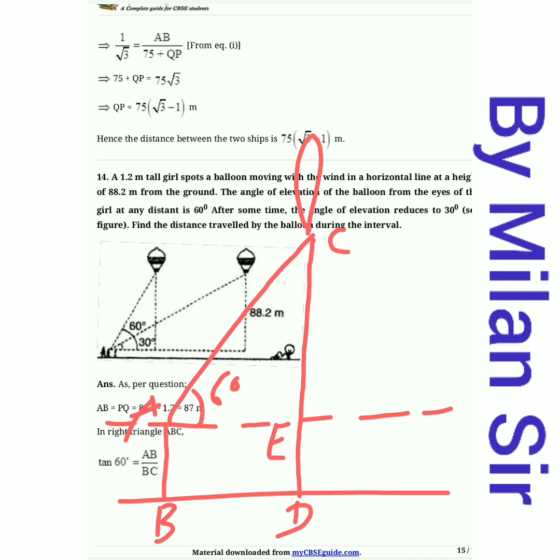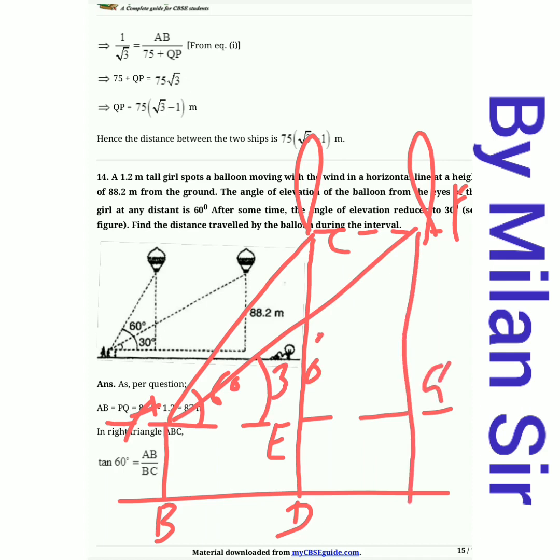Okay, after some time, the angle of elevation reduced to 30 degrees. Angle of elevation reduced, that means the balloon traveled in the direction opposite to the girl, right? And also it is given that it travels in a horizontal line. So after some time at point F, the angle of elevation reduced to 30 degrees, right?